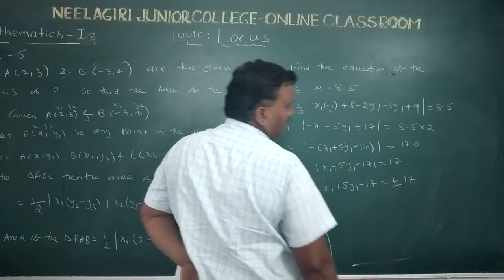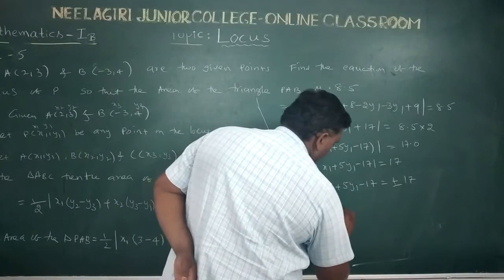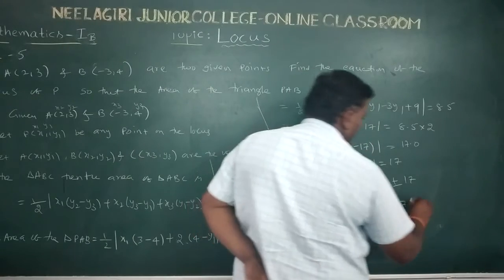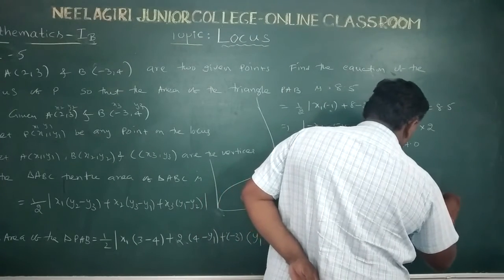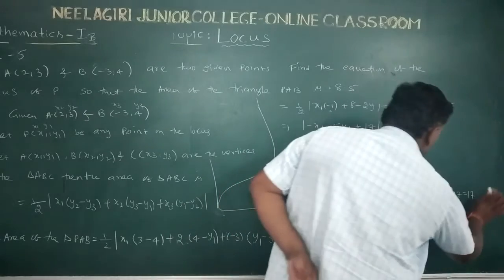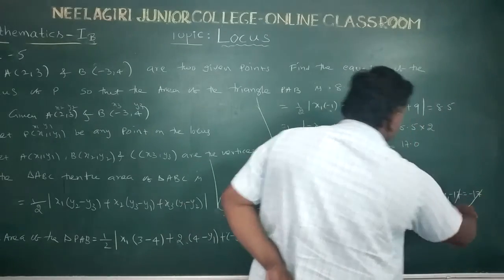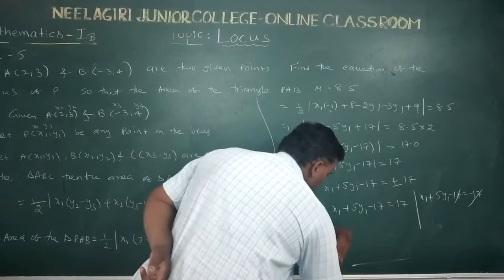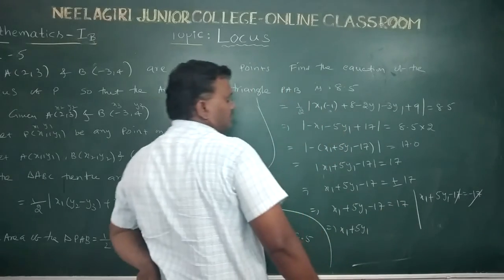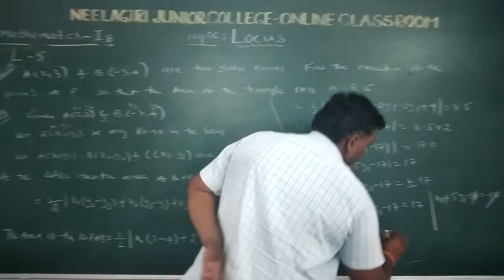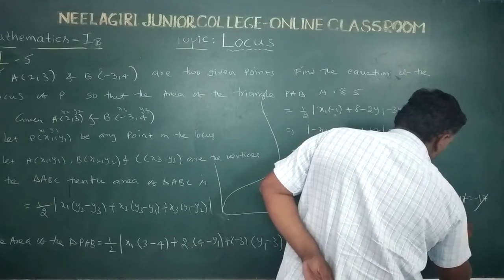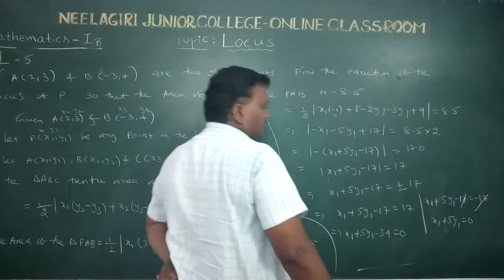Removing the mod gives plus or minus. First, x1 plus 5y1 minus 17 is equal to 17. Then 17 is cancelled, with plus 17 going to the left side: x1 plus 5y1 minus 17 minus 17, that is minus 34, equal to 0. For the other case, x1 plus 5y1 is equal to 0.